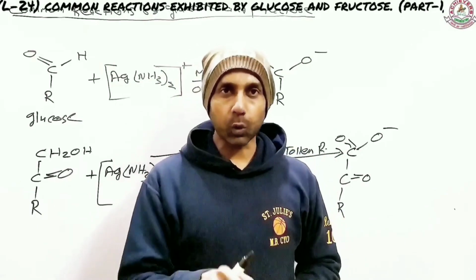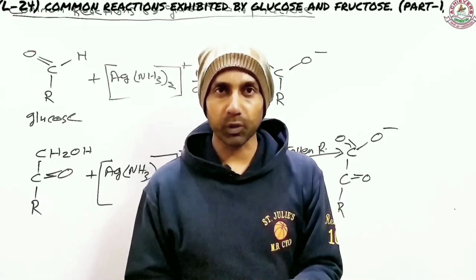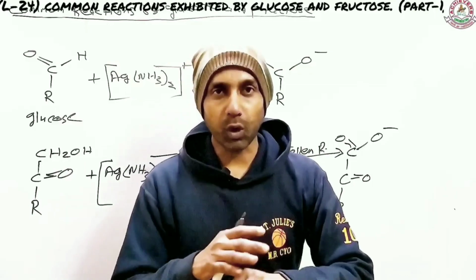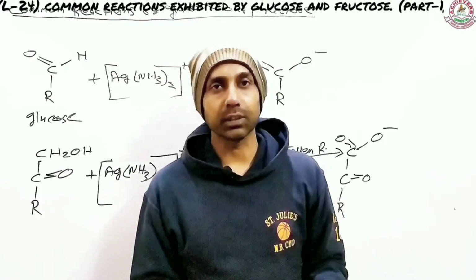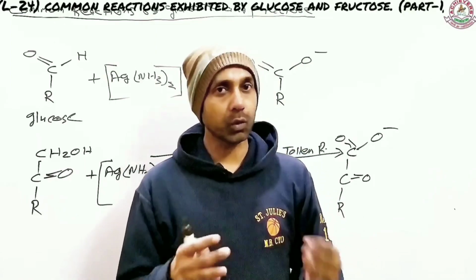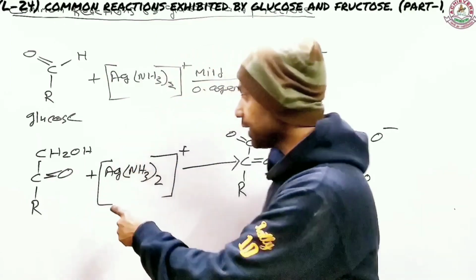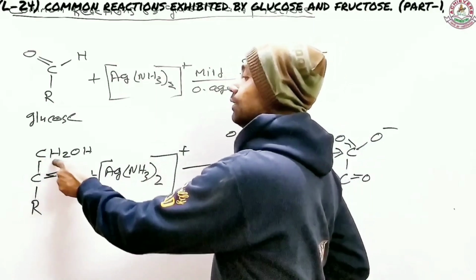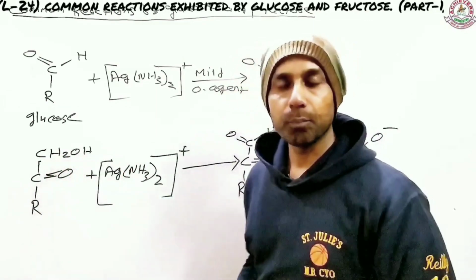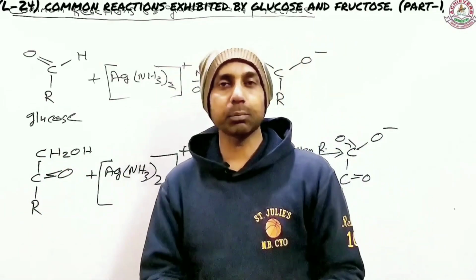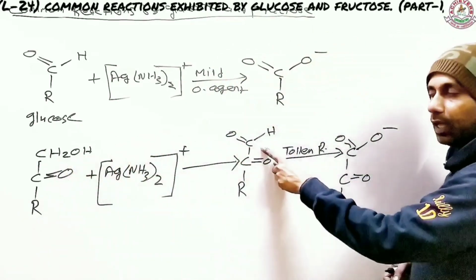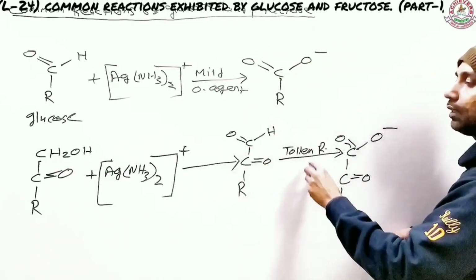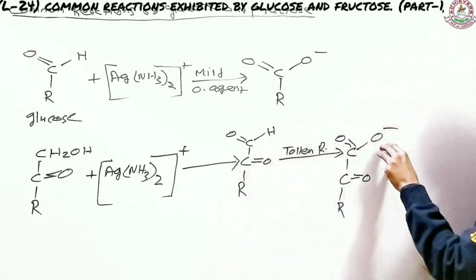Similarly, fructose has a ketone group on the second position, and it does not react because ketones are not oxidized by a mild oxidizing agent like Tollens reagent. But you have your first carbon as a primary alcohol. So this alcohol is oxidized by this mild oxidizing agent and converts into an aldehyde. In the next reaction, this aldehyde converts into a carboxylate.